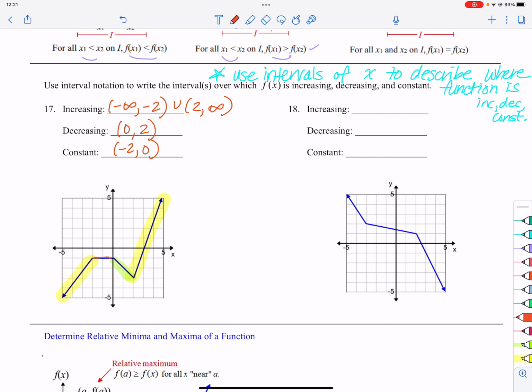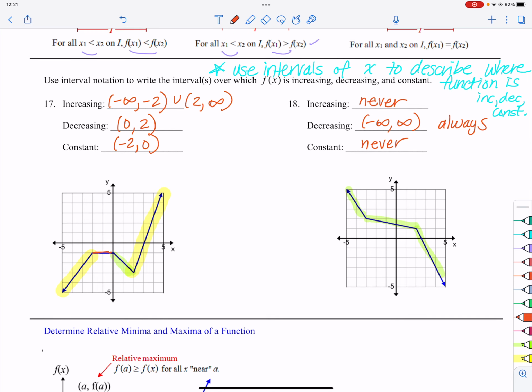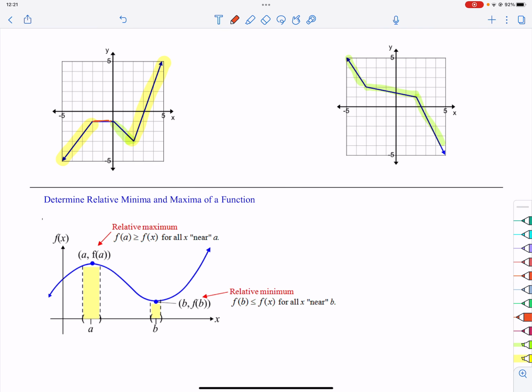Okay, do you see that there are no places where this function in number 18 is increasing? So you can write never or none. Decreasing, we have this interval, and this interval. So this function is always decreasing. And we do not have any places where this function is constant.